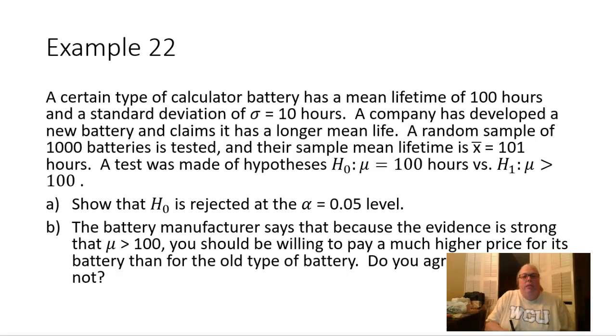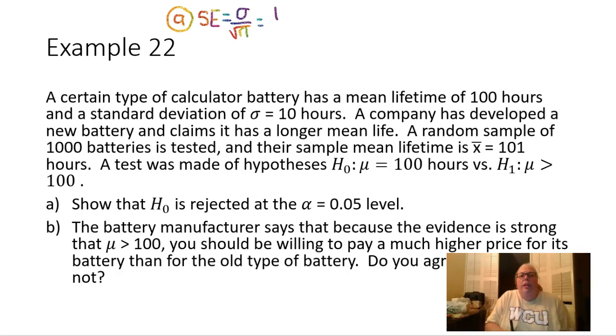All right, let's figure out what our standard error is going to be, because we need that in order to find our test statistic Z. The standard error is the population standard deviation divided by the square root of our sample size.